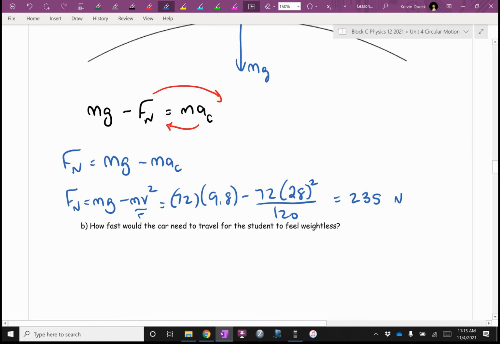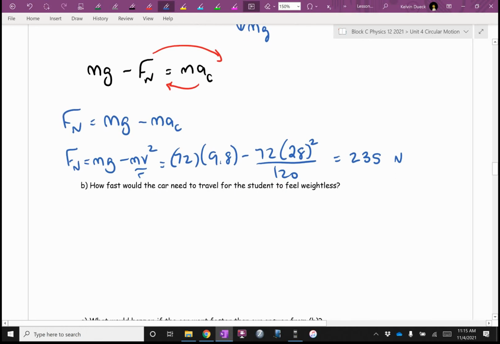How fast would the car need to travel for the student to feel weightless? I guess Fn would be 0. It would be the same free body diagram.